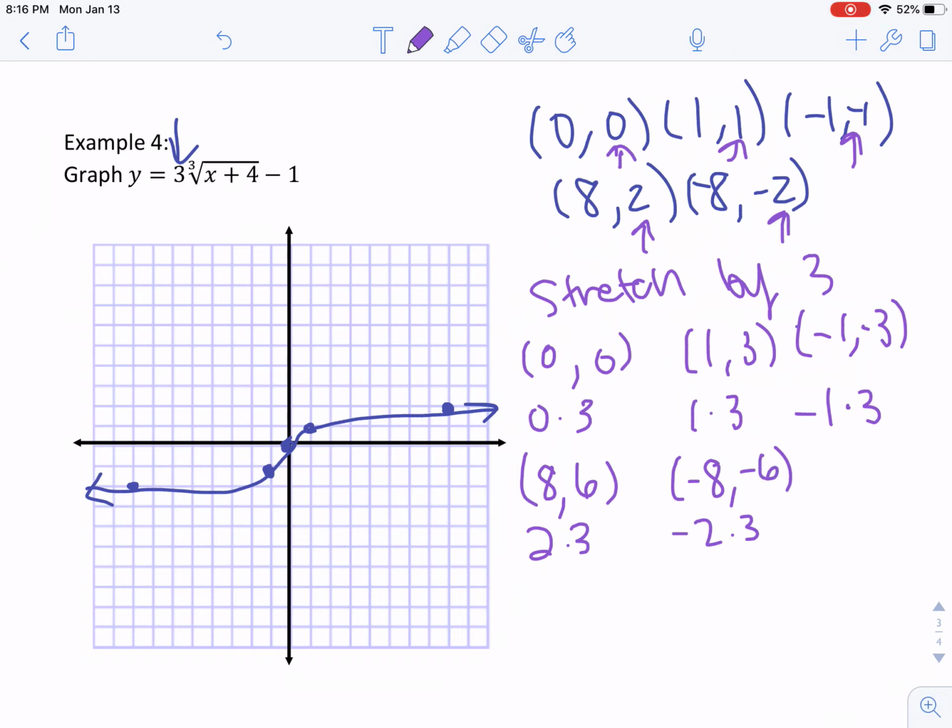So now to do my stretch, I've done 0, 0, 1, 3, 8, 6, negative 1, negative 3, negative 8, negative 6. Okay, so that's your stretch by 3.